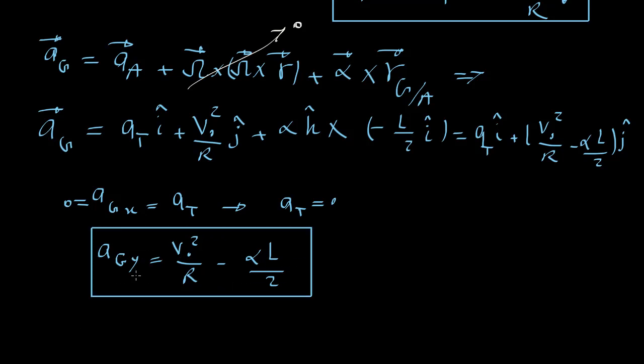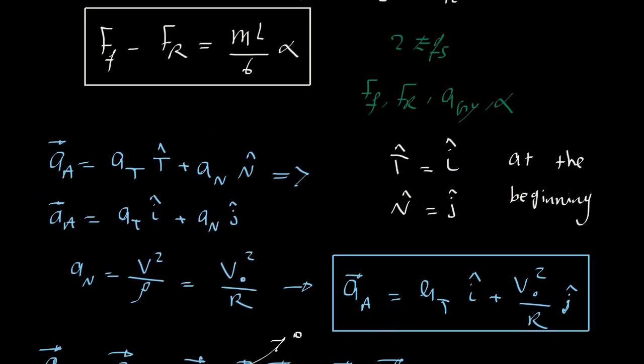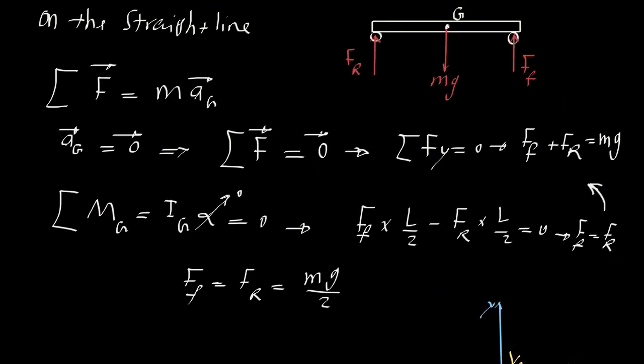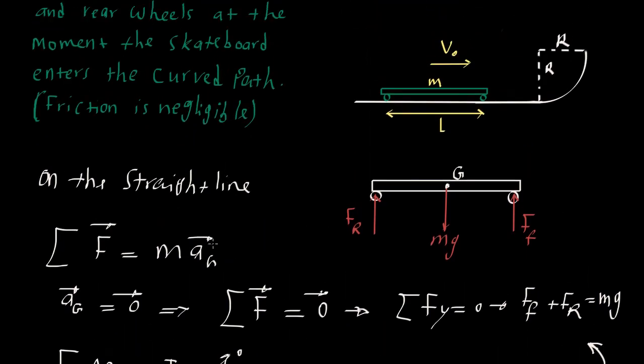This is another equation that gives a relationship between AGY and alpha. V naught, R, and L are all known; they are given in the problem. So we still have 4 unknowns and 3 equations. Let's see if we can find another constraint that gives us another equation, so that we would be able to have 4 equations and 4 unknowns.